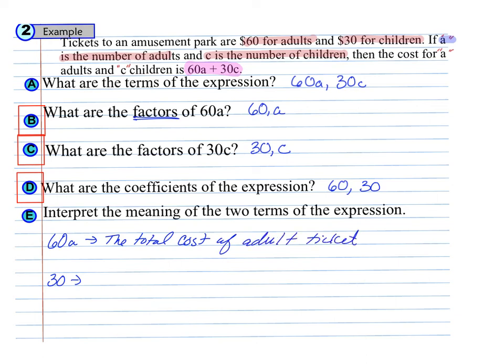And the reason we know that is because the 60 is the actual cost and the A is what it is, adult tickets. So when you put them together, it's the total cost. And the same thing is going to be for 30C, but this time it's the total cost of children tickets. And this is where we left off.